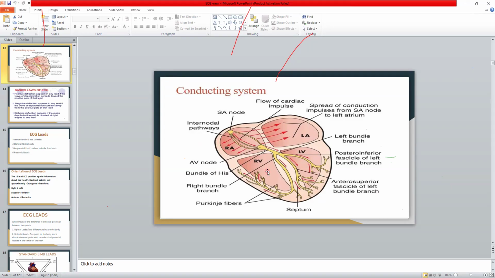One more person has asked how sweating becomes an indication for ECG. Why is it necessary? See, sweating can occur normally also, but when the sweating occurs is more important: when you are lying down, when you are taking rest, or when you are climbing upstairs.